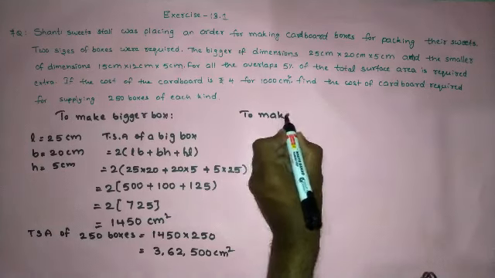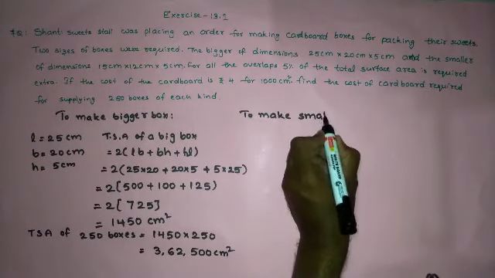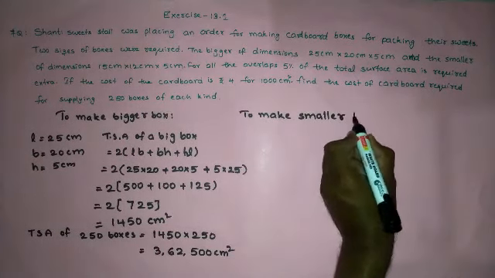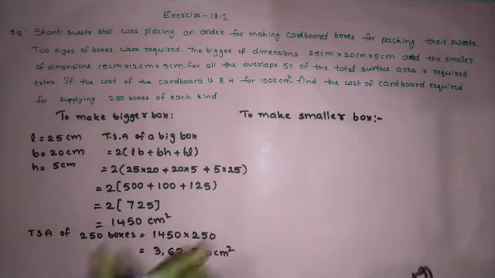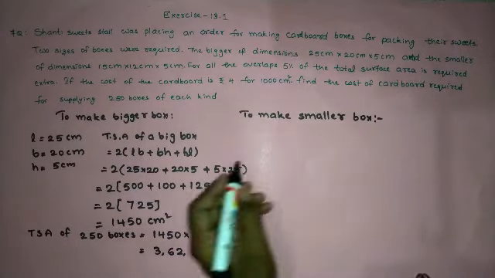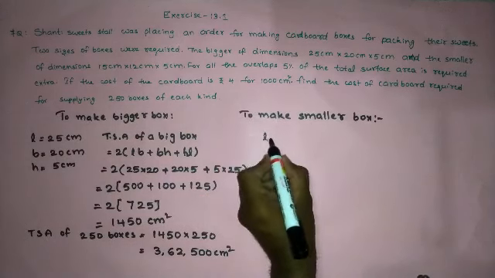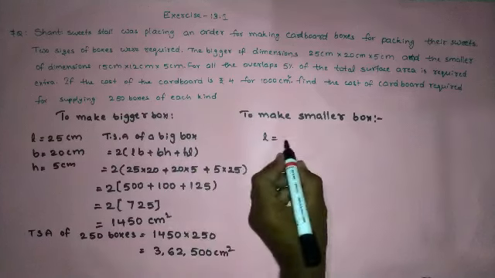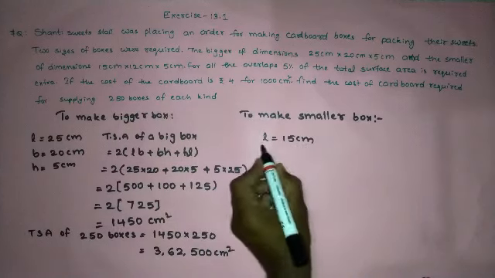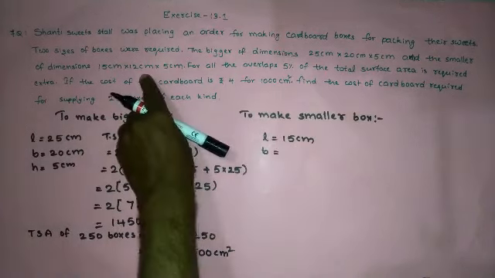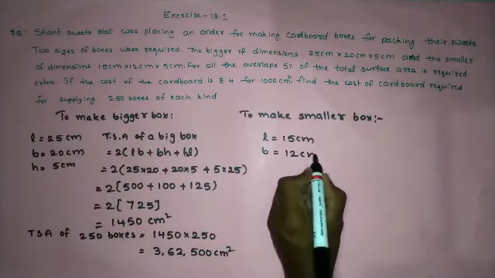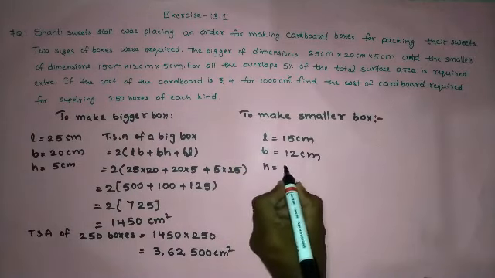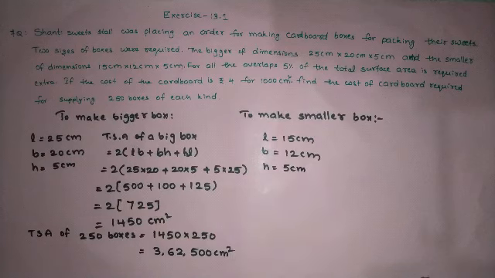To make a smaller box, to get the required cardboard, first write the dimensions of the smaller box, that is length L equals 15 centimeter, breadth B equals 12 centimeter and height H equals 5 centimeter.